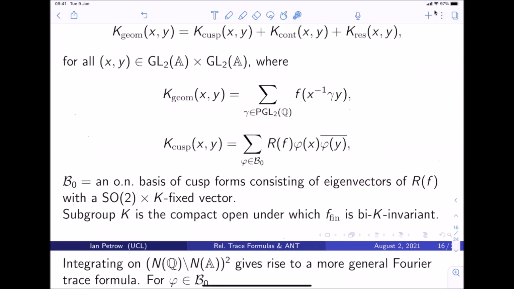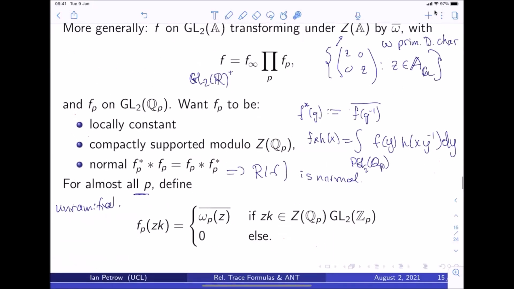And I'm going to take this B naught to be an orthonormal basis of cusp forms consisting of eigenvectors for this operator, and also those will just be those forms that have an SO2 cross K fixed vector.